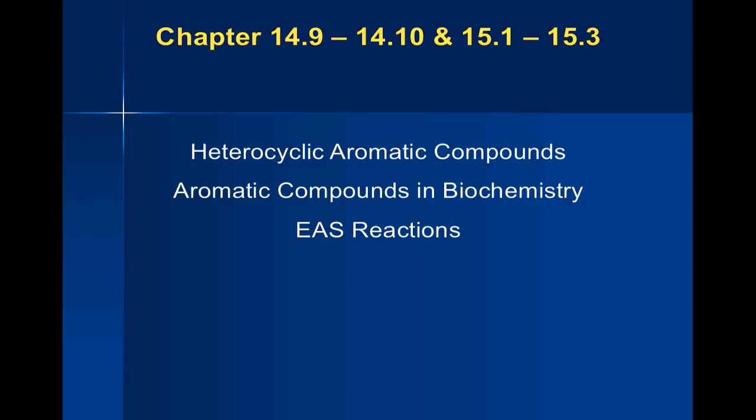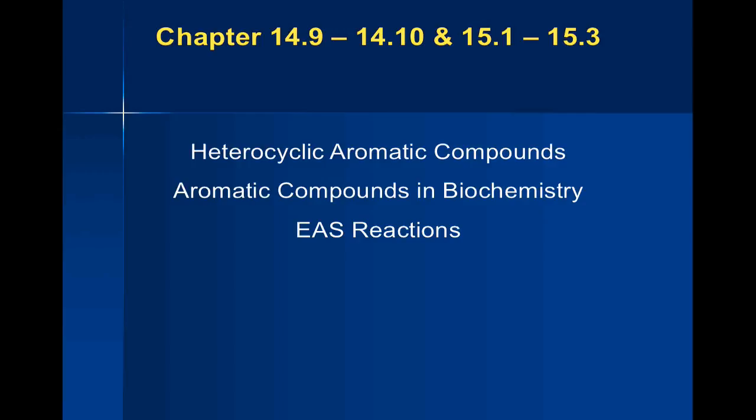Today we're going to talk about heterocyclic aromatic compounds. We'll talk a little bit about aromatic compounds that pop their heads up in biochemistry, and we'll talk about why nature has chosen to use aromatic molecules in biochemistry a little bit. And then we're going to talk about electrophilic aromatic substitution reactions. It's another reaction mechanism that you're going to need to know.